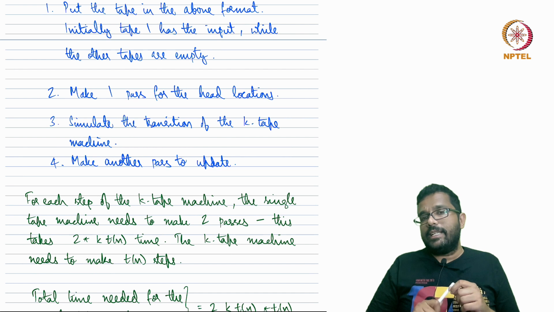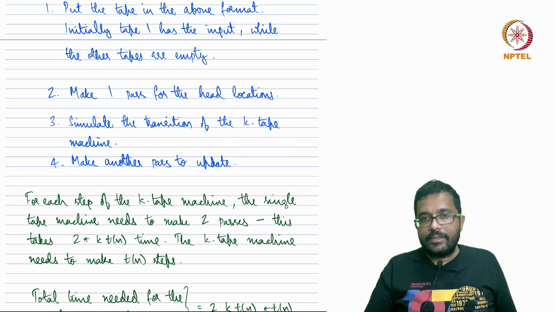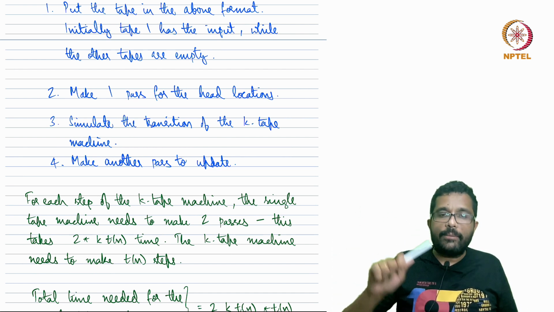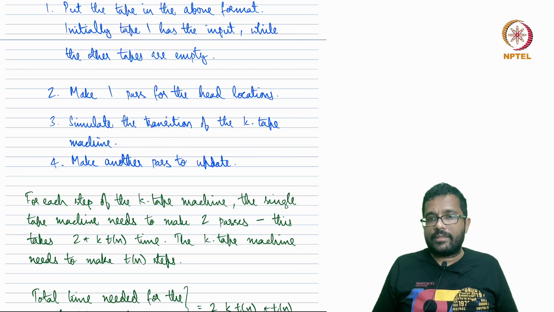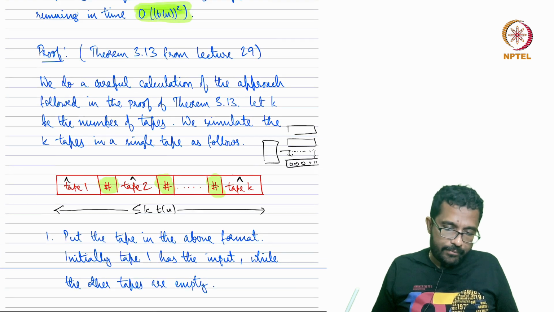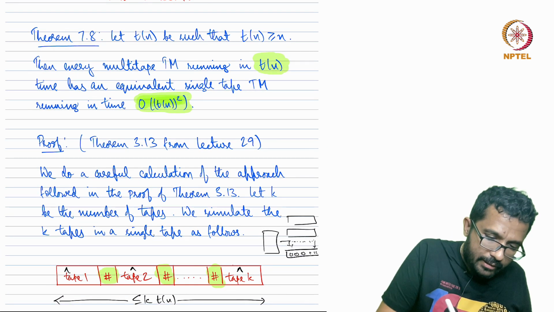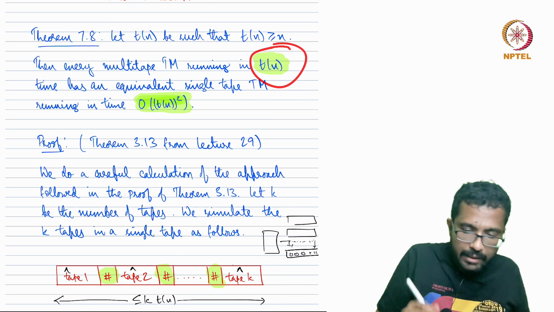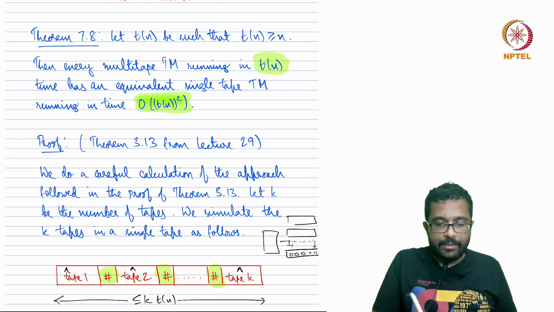So when the multi-tape machine takes 1 step, the single tape Turing machine has to make 2 times K times T(n) steps, right? But then how many steps does the multi-tape Turing machine take? By the assumption, the multi-tape Turing machine runs in time T(n). By assumption, this is the time it takes.